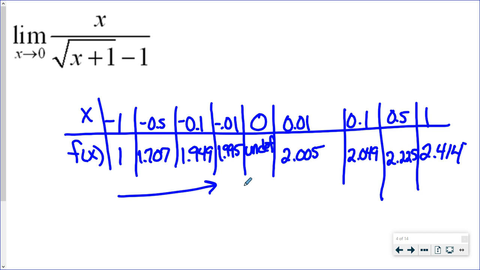As my x's get closer to 0 from the right, what do my y values appear to be getting closer and closer to? 2. Since these values are the same, we can say that this overall limit, as x approaches 0 of f of x, is equal to 2. That's it.